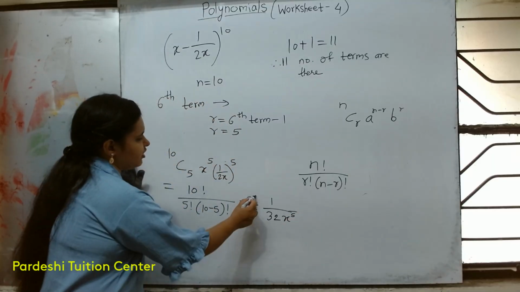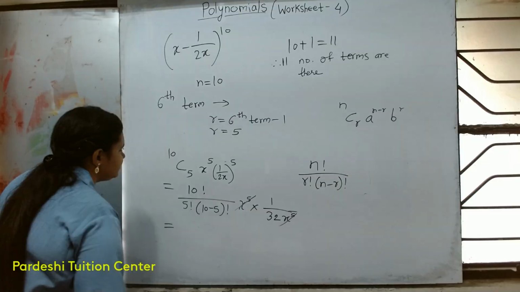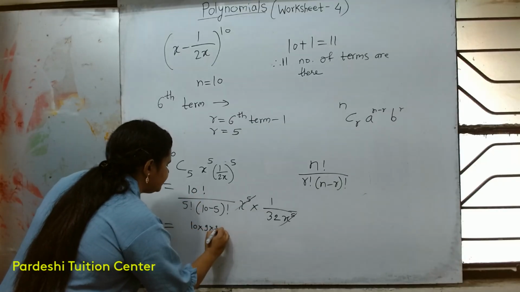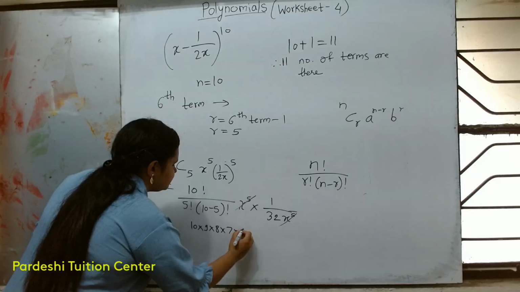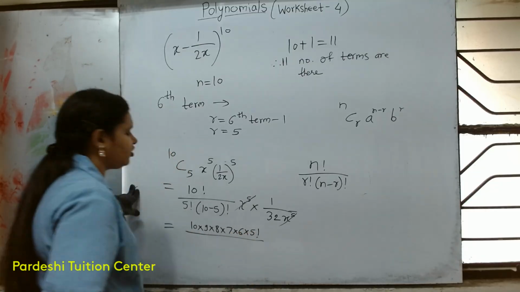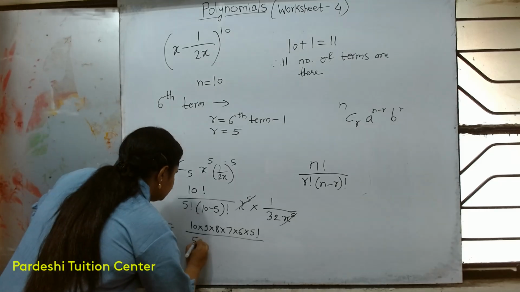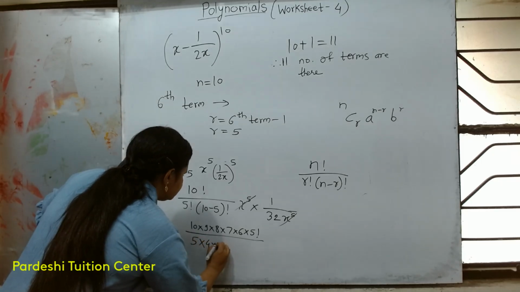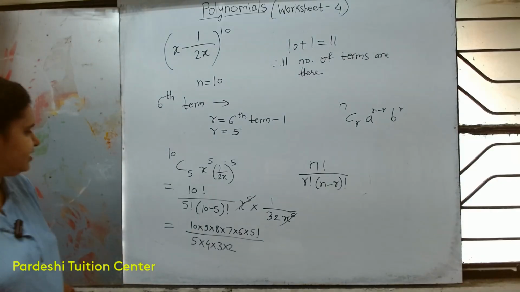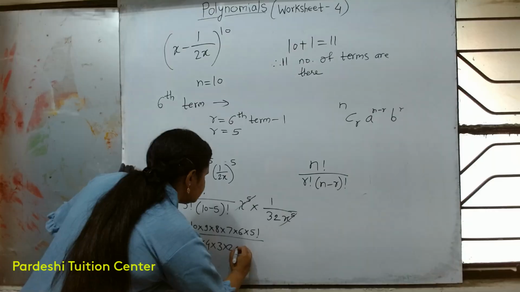Now x to the power 5 and x to the power 5 will get cancelled, and what is remaining? 10 factorial. I can write 10 factorial as 10 into 9 into 8 into 7 into 6 into 5 factorial upon 5 factorial, which I can write as 5 into 4 into 3 into 2. Okay. Now 10 minus 5 factorial is 5 factorial.